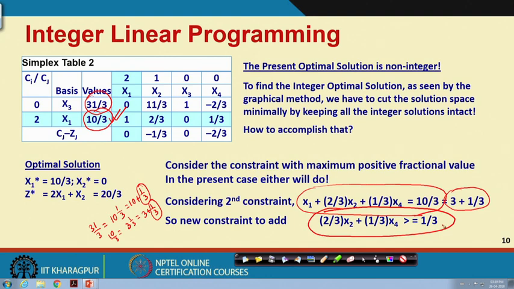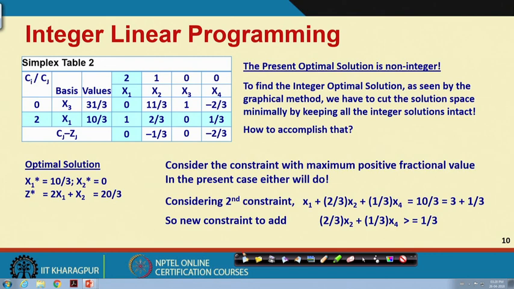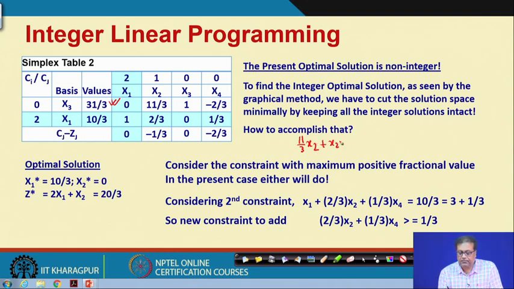For the time being, quickly let us see what would have happened if we had chosen the first one. Supposing we chose the first one because there was a tie, this can be written as 11 by 3 x2 plus x3 minus 2 by 3 x4 equal to 31 by 3.